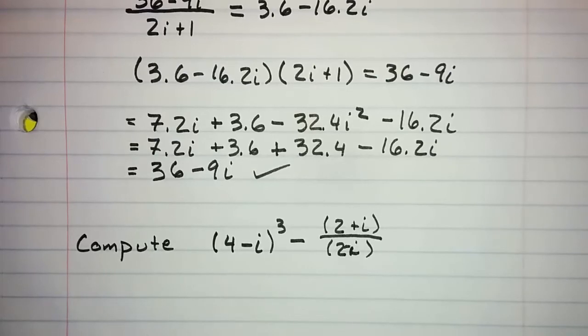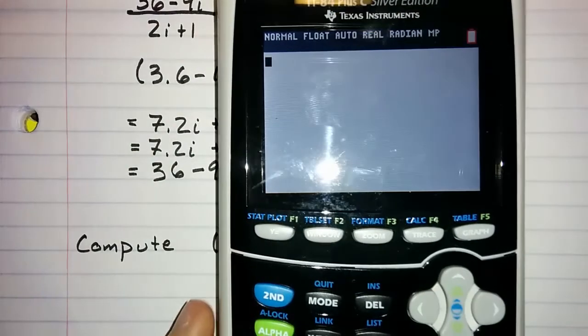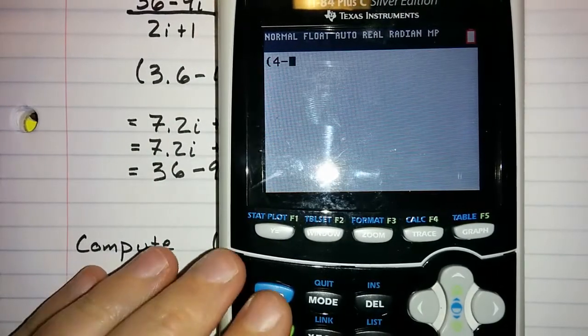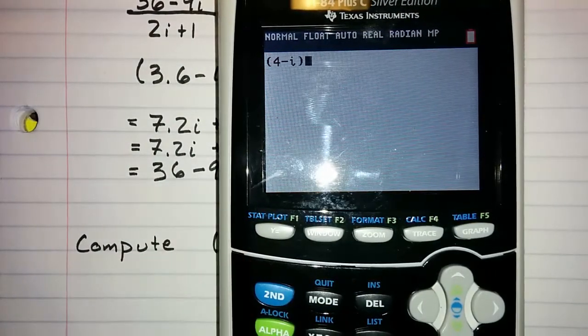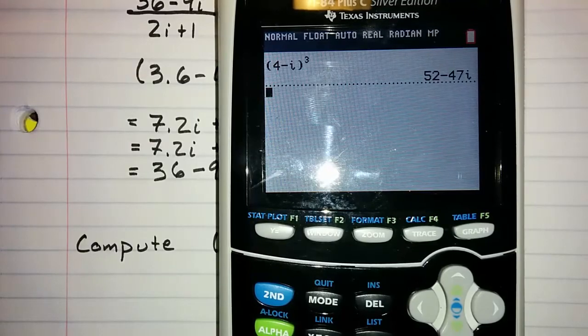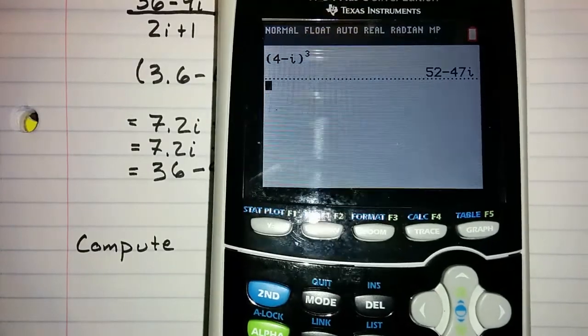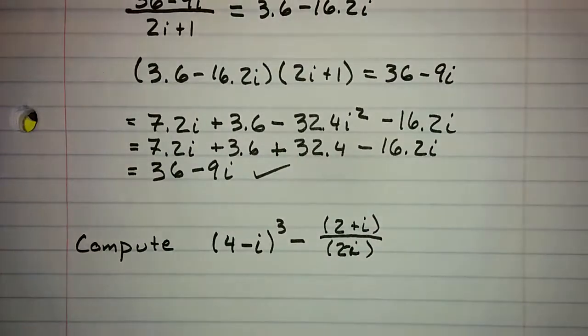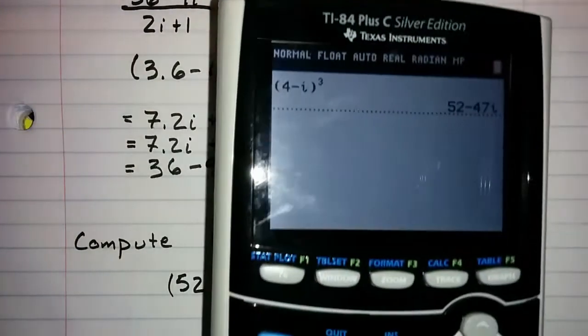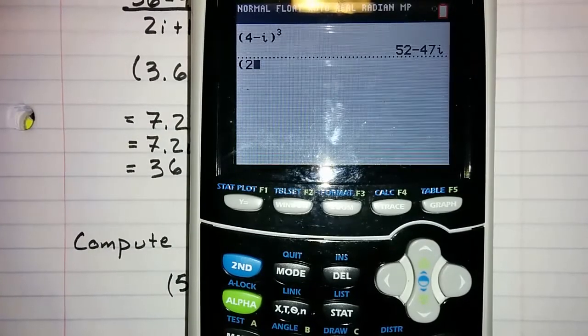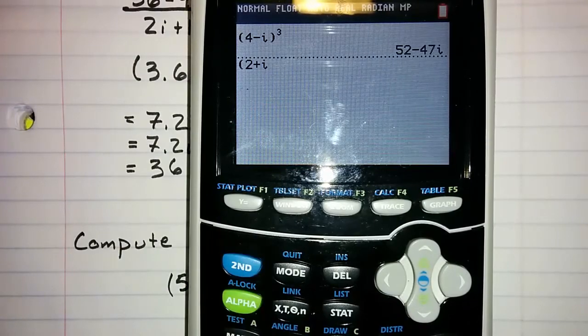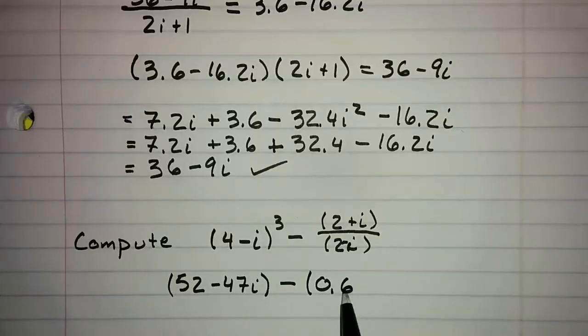All right, so I'm going to work out (4 minus i) cubed. That's going to be 52 minus 47i, minus (2 plus i) over (2 minus i), 0.6 plus 0.8i.